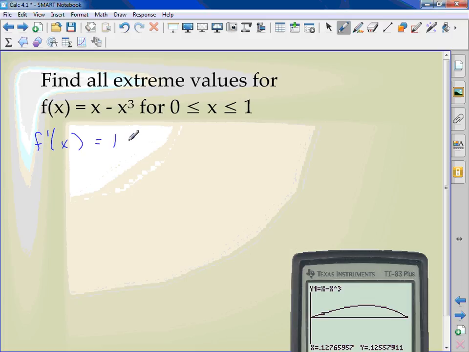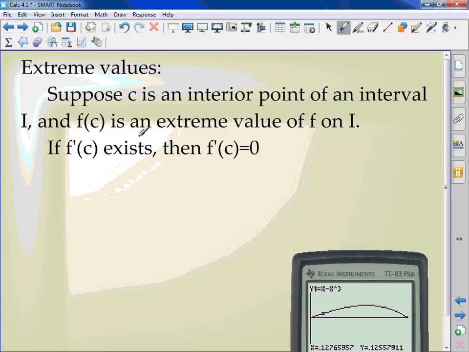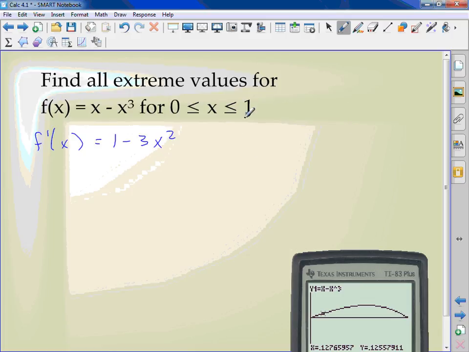One minus 3x squared. Now what this was saying is taking the derivative and setting it equal to 0. So it's going to be 0 equals 1 minus 3x squared.